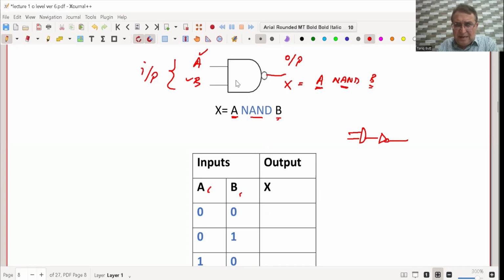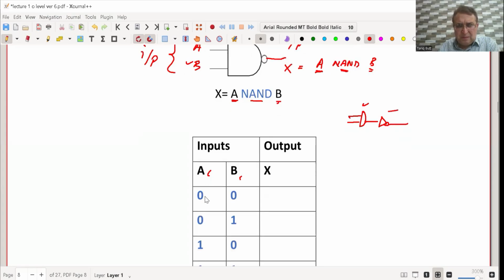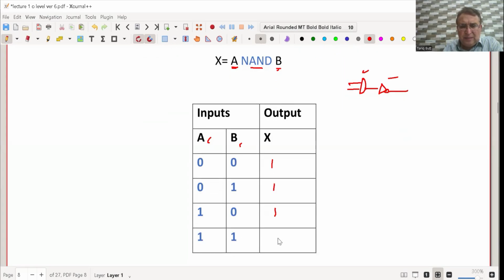So it means, for instance, if inputs are 0, 0, so 0 into 0 is 0, and then we have to invert it, then it is 1. 0 into 1 is 0, and then its inversion is 1. 1 into 0 is 0, then invert it, 1. 1 into 1 is 1, and then we invert it, gets 0.